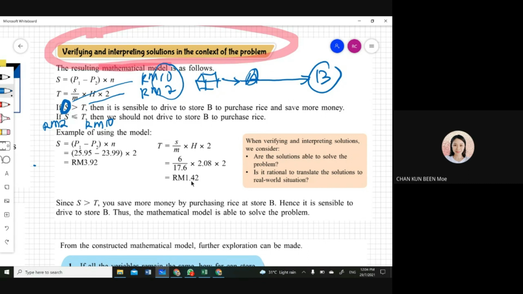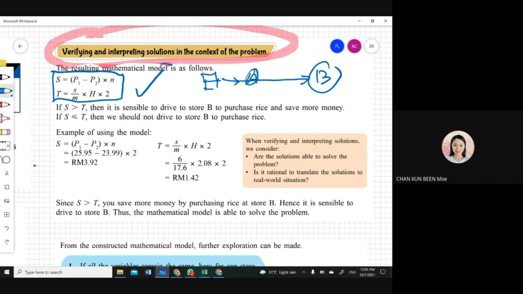So they get 1 ringgit 42 cents. So since the difference of the price of the rice is greater than the cost of petrol, here, you can save more money by purchasing rice at store B. So hence, it is sensible to drive to store B. Thus, the mathematical model is able to solve the problem. So it can be used.